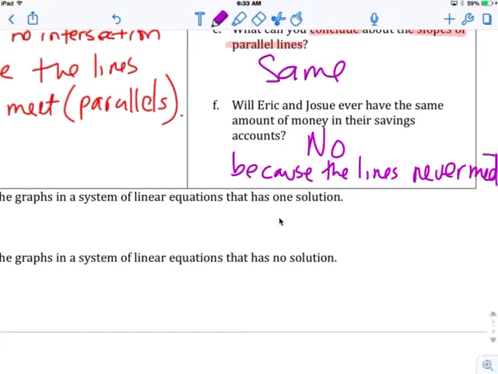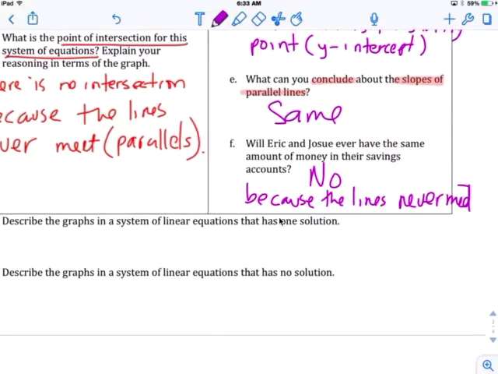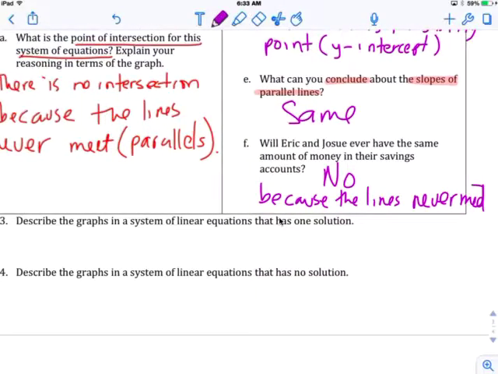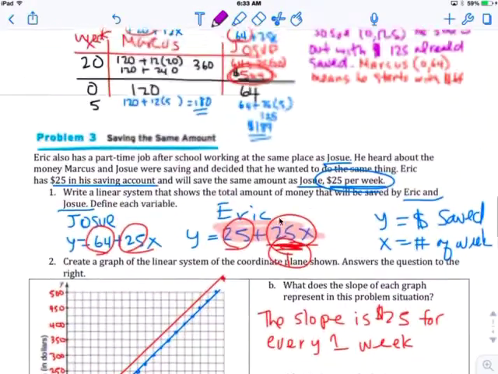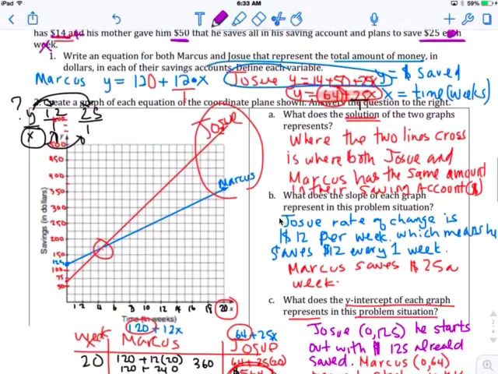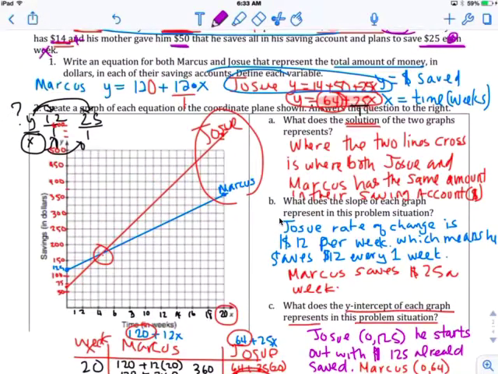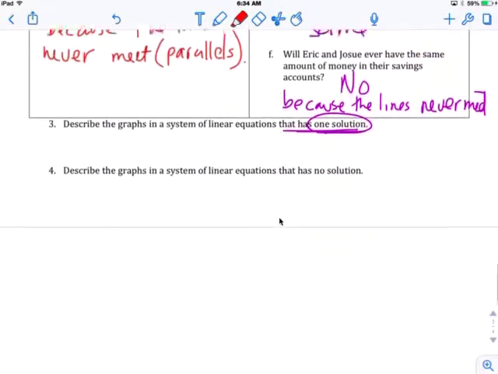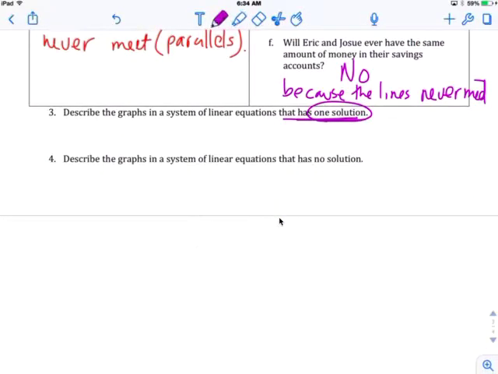Describe the graph in a system where the equations have one solution. Oh, where they meet. One solution means they meet, right? See where they meet? Notice the slopes are different. This is 12 over 1 and 25 over 1.